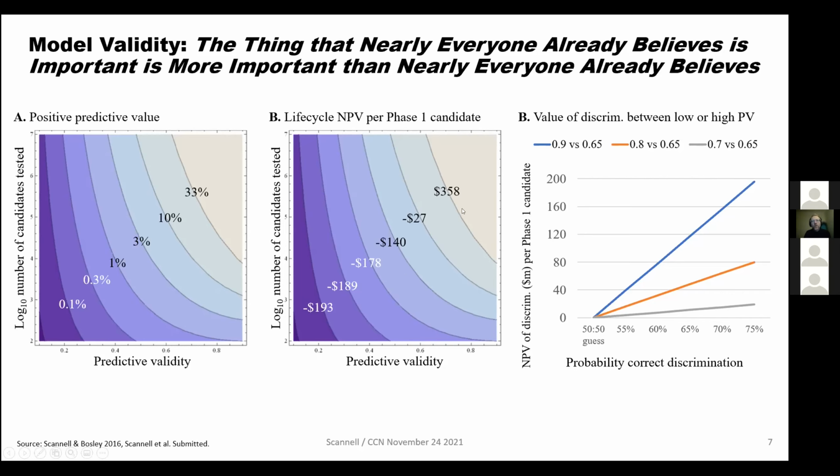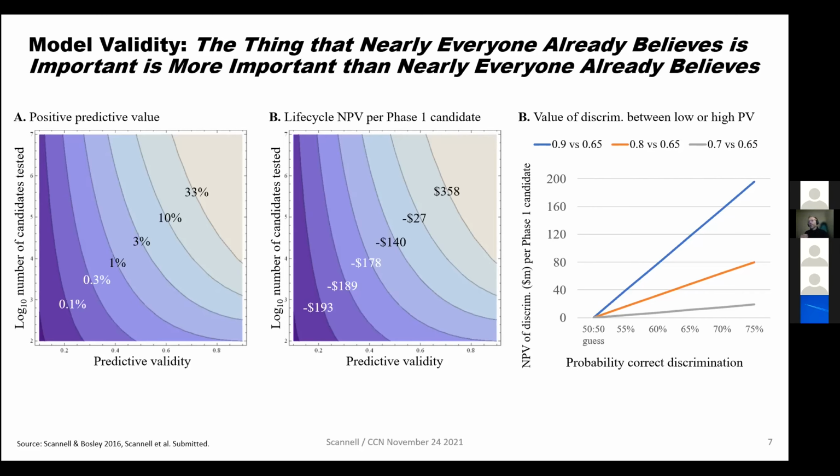Right? One can also map from positive predictive value to financial value. I won't get into too much detail here, but you can apply these positive predictive value numbers to a standard large pharma pipeline and work out how much phase 1 candidates would be worth. And what you can also show is that it's actually quite valuable even to be able to make relatively bad discriminations between better and worse models. And that's shown in the right-hand panel.